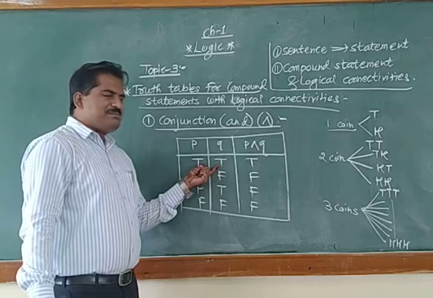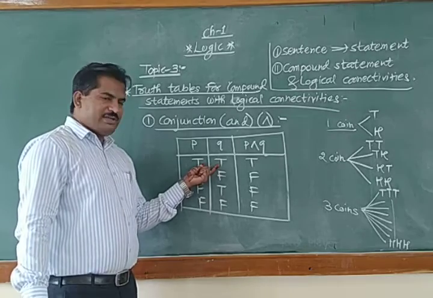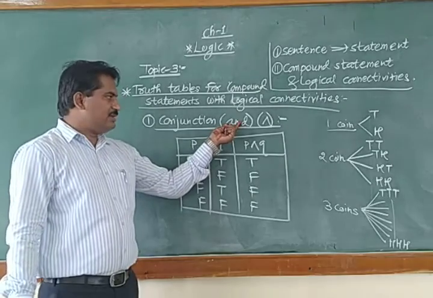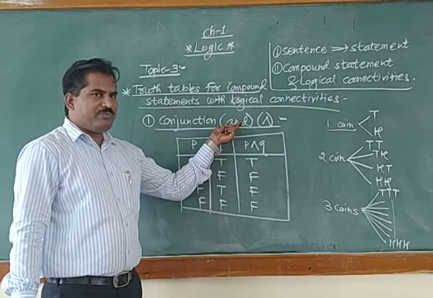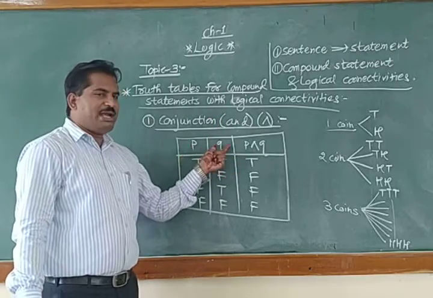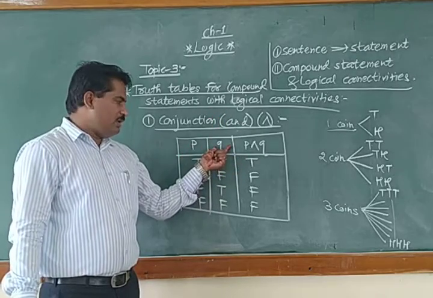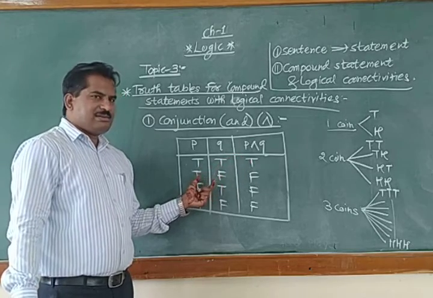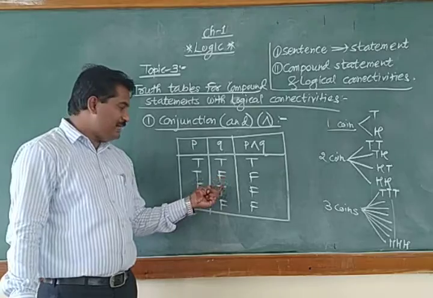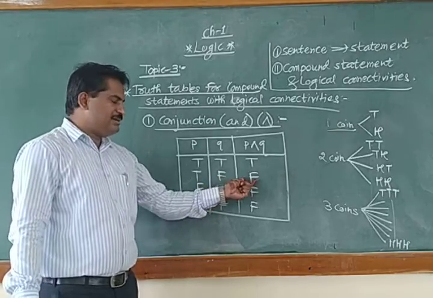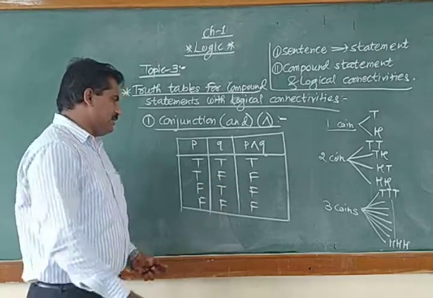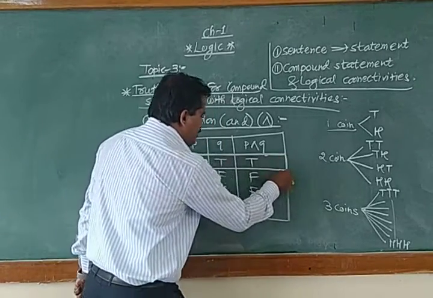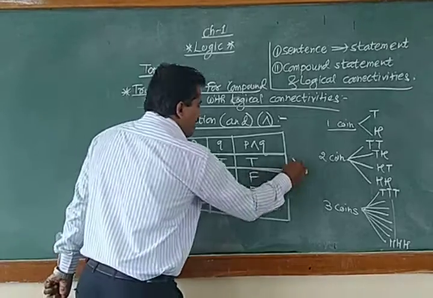Therefore, in a simple manner, in a conjunction with logical connective 'and', both P and Q are important. If both are true, then it is true. In any case, if one is F, it is F. Therefore, it is the criterion for conjunction. We highlight it.